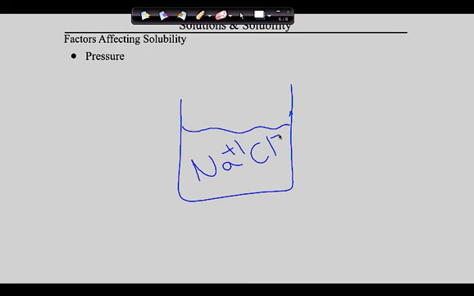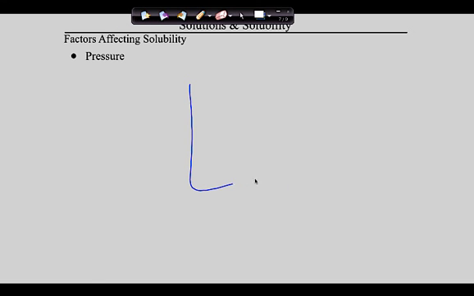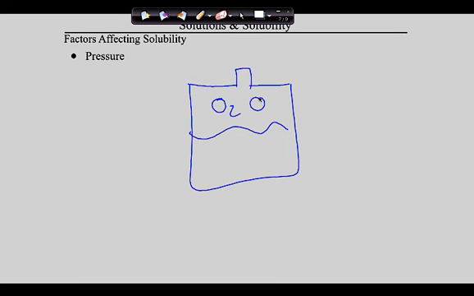If you were to put this in a bottle and pump it up, no more salt would dissolve. But guys, what if you were to seal this, starting over, got some water, and then you put some oxygen in here, and then you increase the pressure? Will more oxygen dissolve in the water? Well, let's even do this.